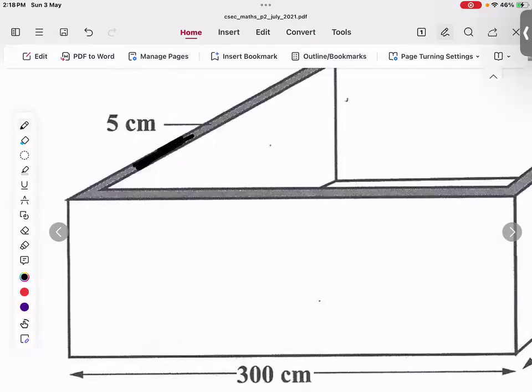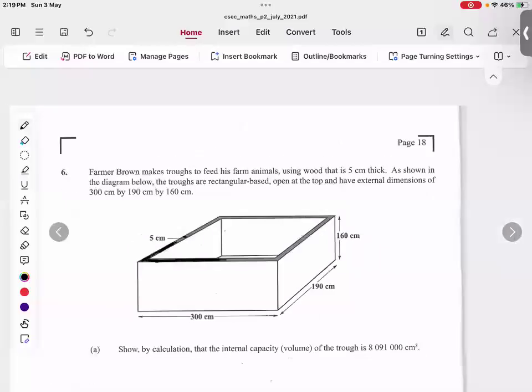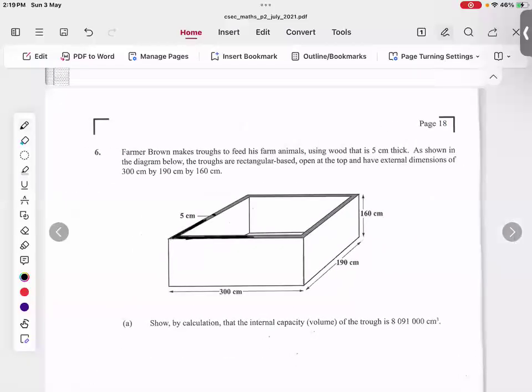That's made from wood. And the space between here is 5 centimeters thick. From the edge to the inside is 5 centimeters thick. That's very important that you understand that.